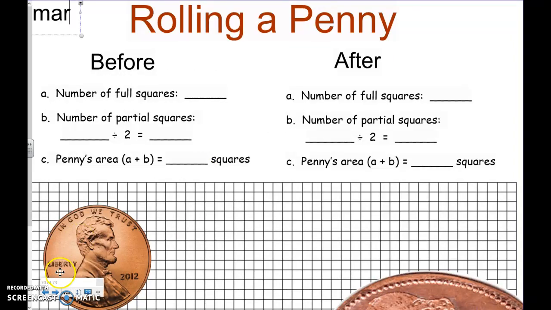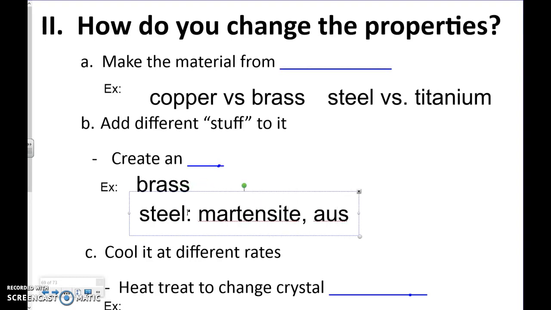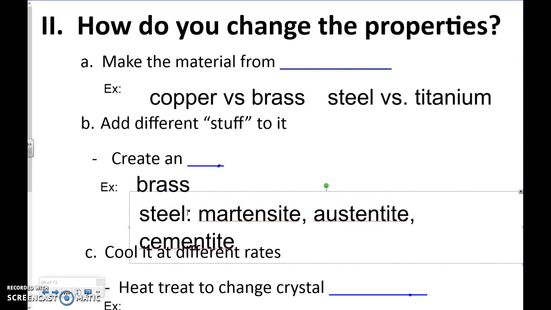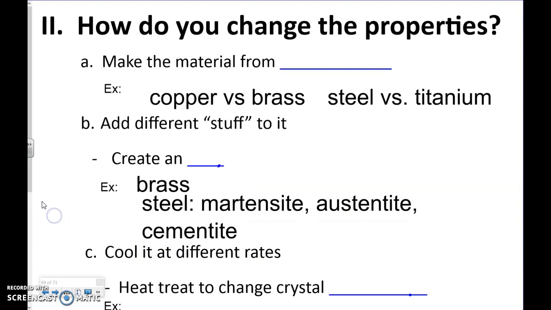You have martensite, austenite, cementite. They're all steels. They just have different amounts of carbon and structure to them.